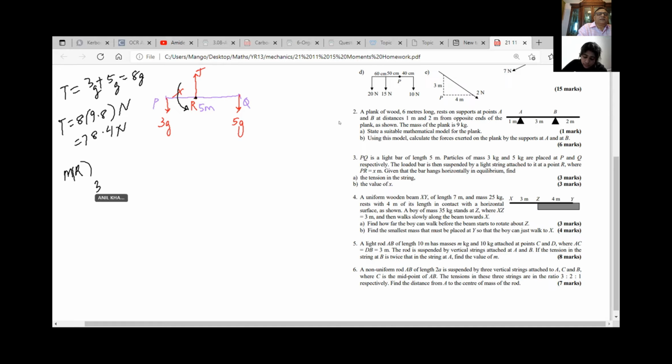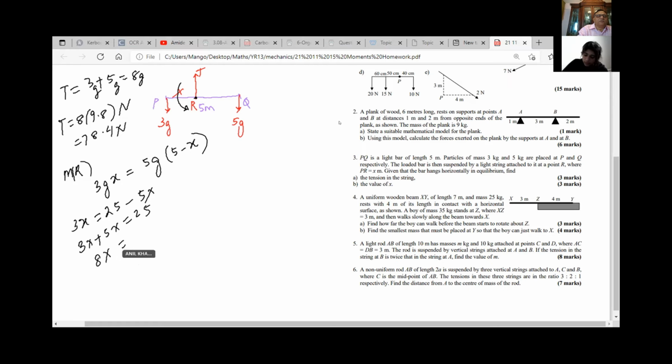So 3g times the distance, which is x, should be equal to 5g times the distance, which is 5 minus x. So we can now solve this equation. We can cancel g and g. So we get 3x equals 25 minus 5x, or 3x plus 5x equals 25. 8x equals 25, x equals 25 over 8, right?